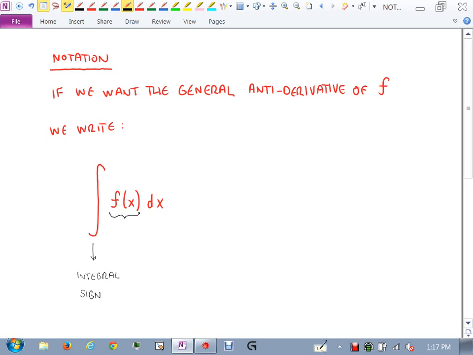The function that appears next to the integral sign is called the integrand. And this dx that's sitting here is called the differential.